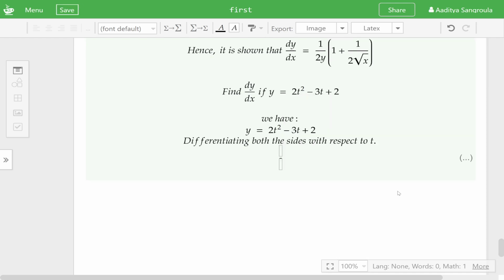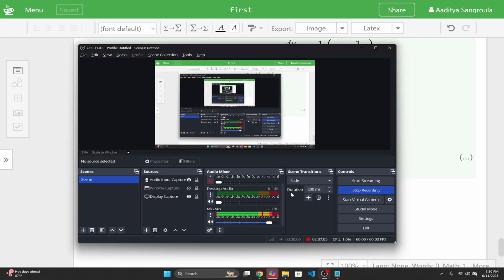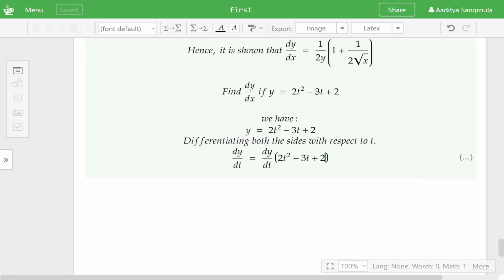So dy over dt is equal to dy over dt of this entire thing here. And I hope my audio is still being recorded, and yeah, it's being recorded, which is a pretty good thing to have. So dy over dt, and now this is simply going to be 4t minus 3.